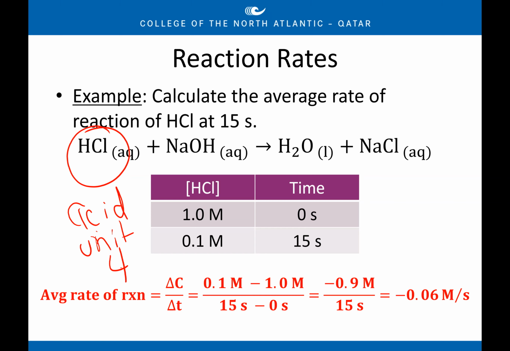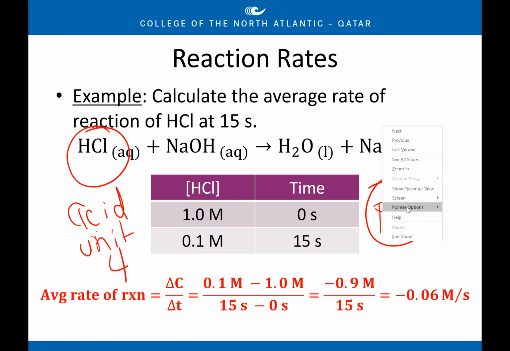But a good way to measure the concentration of an acid is pH. I don't know if you guys have ever heard of that term. You will certainly hear about it in unit 4, so I'll leave it there for now. pH is a unit of measurement for the strength of an acid.